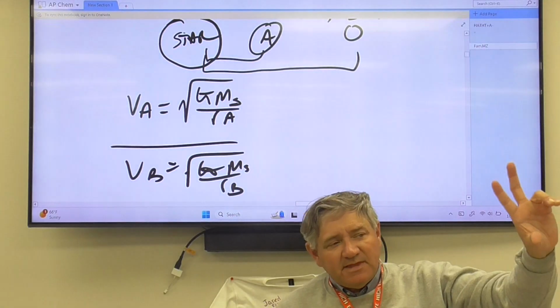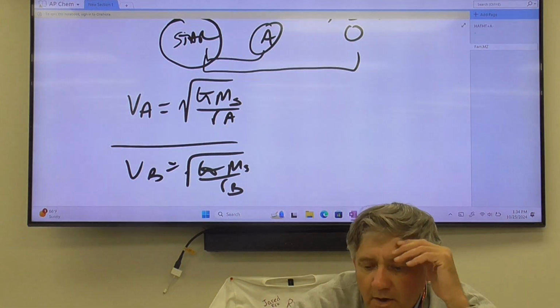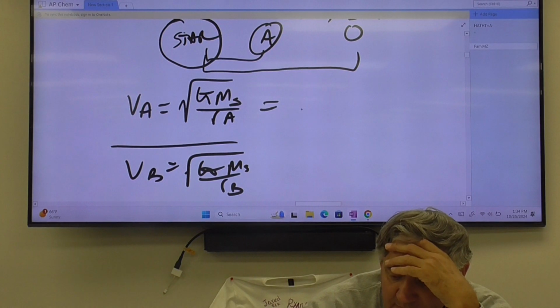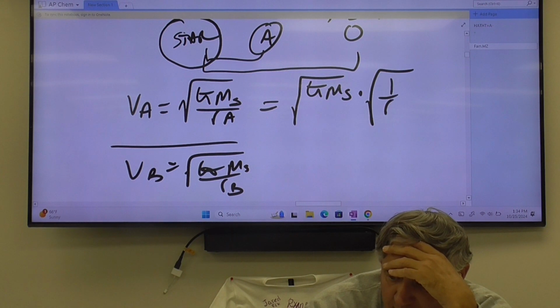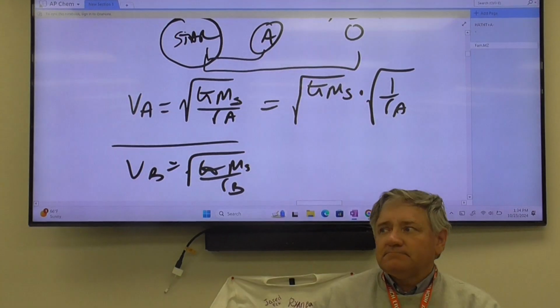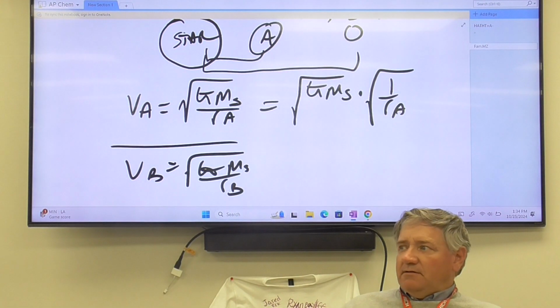Now, this is where you have to get a little bit creative in terms of your math. Could I write this as the square root of big G times the mass of the star times the square root of 1 over RA? Is that legal? Yes, that should be legal. Mathematically, ethically, everything.